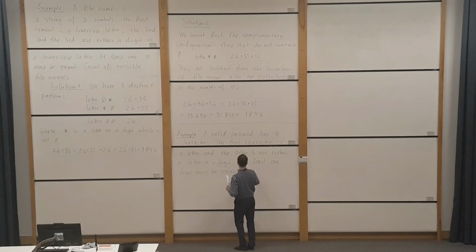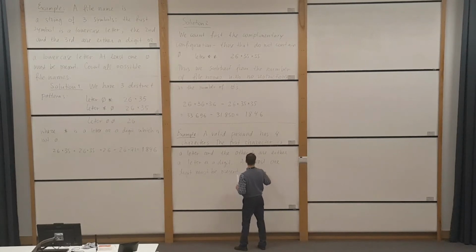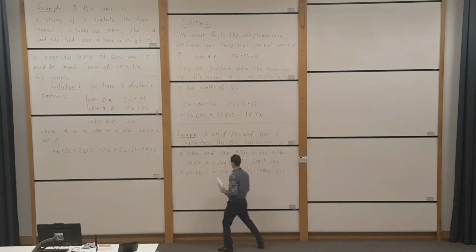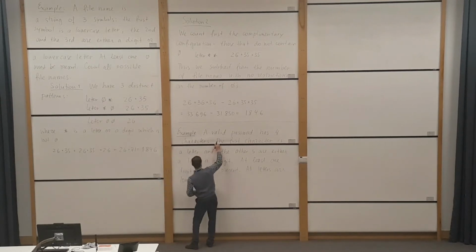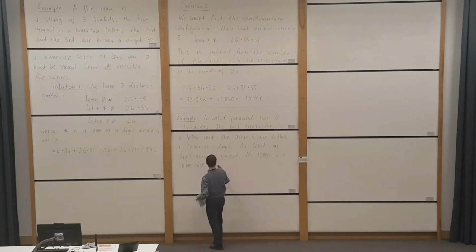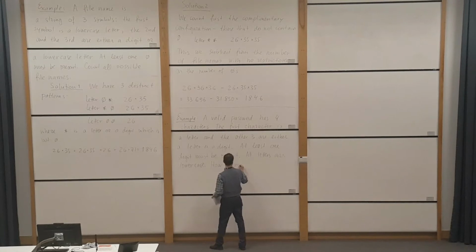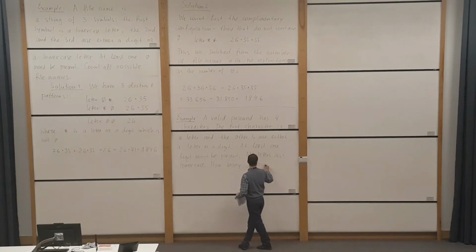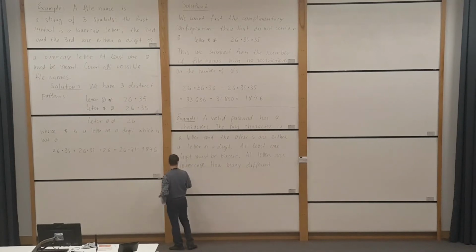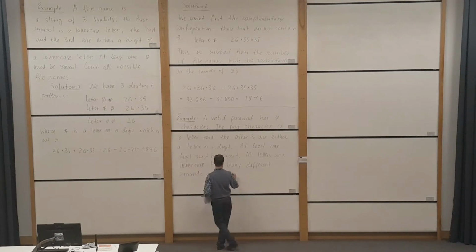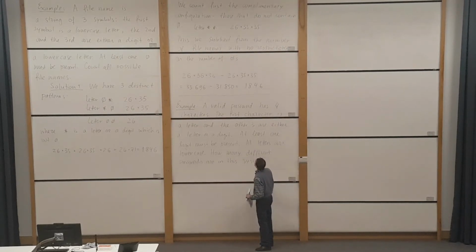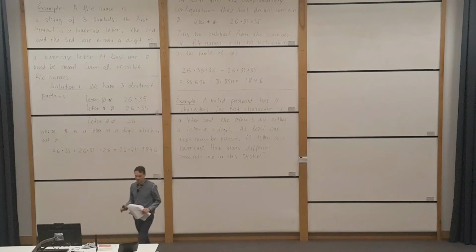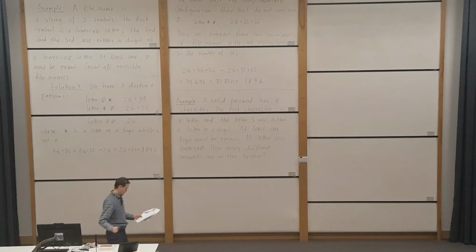And let's just add all letters are lowercase. Okay. How many different passwords are in this system? All right, so I will use this idea of counting complementary configurations straight away.